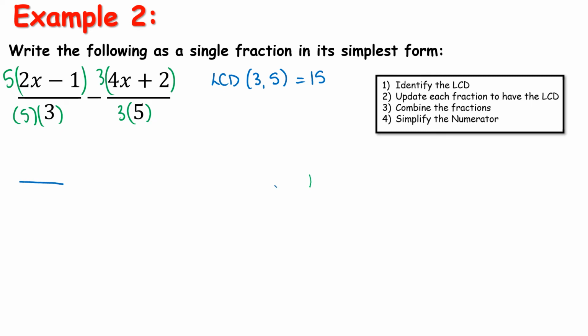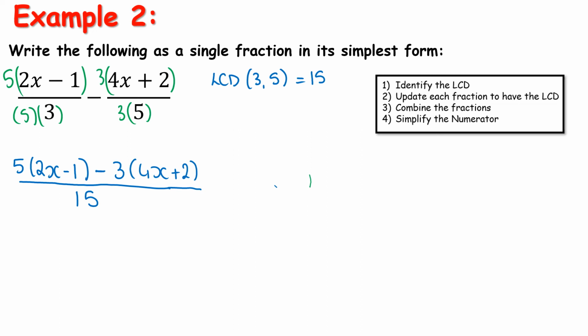And now we have a common denominator of 15, and we have 5 times (2x minus 1). Be careful with your signs, this is a subtraction. Then I have 3 times (4x plus 2). So what will happen in a lot of cases if you multiply and then combine is that students will only make the 4x or the 12x, as it will become, negative.